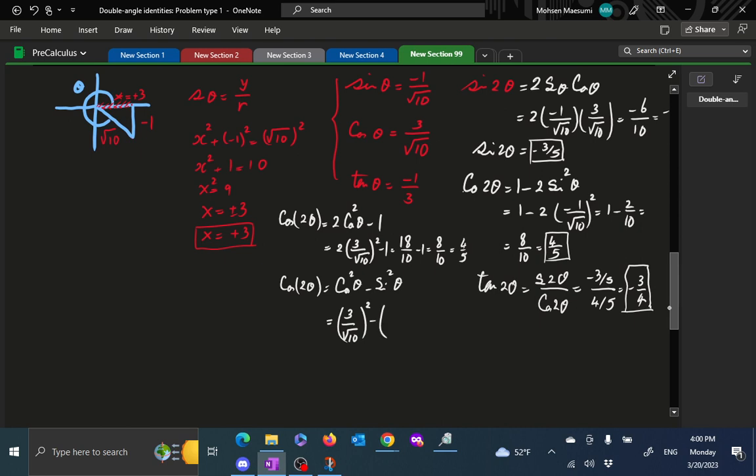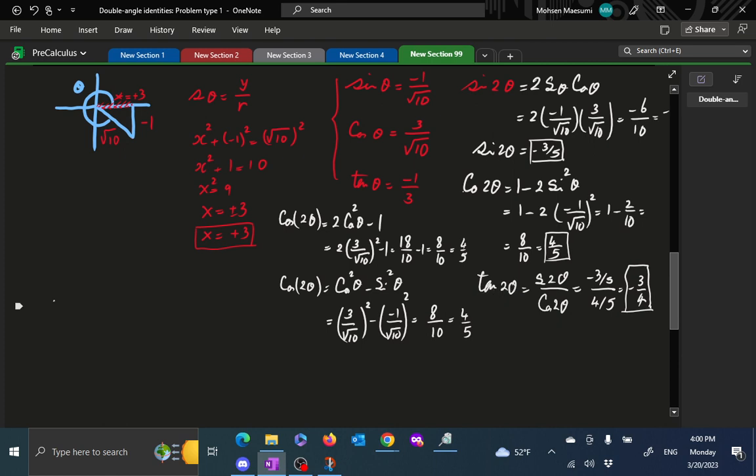Sine was minus 1 over radical 10. You square them. Square of 3 is 9. Square of minus 1 is 1. 9 minus 1 is 8. Square root of 10 squared. So 4 fifths, 4 fifths, 4 fifths, these are all the same.